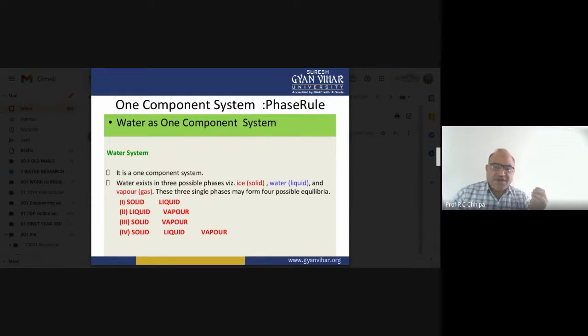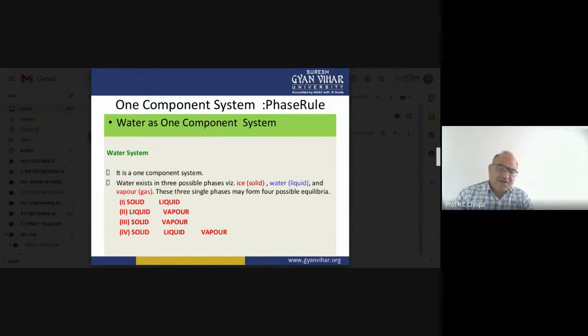Whatever the solid is converted into the liquid, that is the melting point curve. Then the liquid is converted into the vapors, so the vaporization curve. Then solid into the vapor.